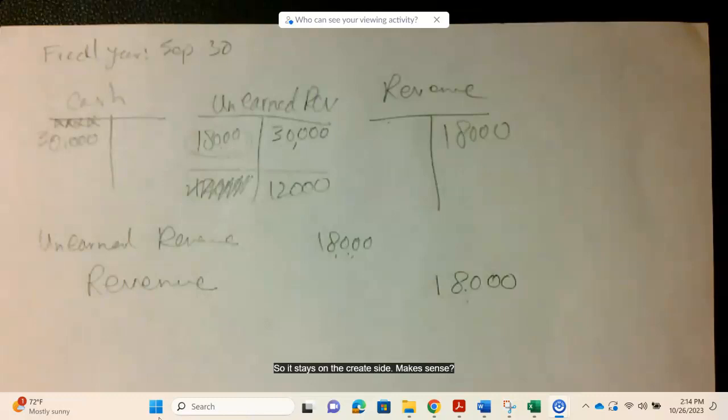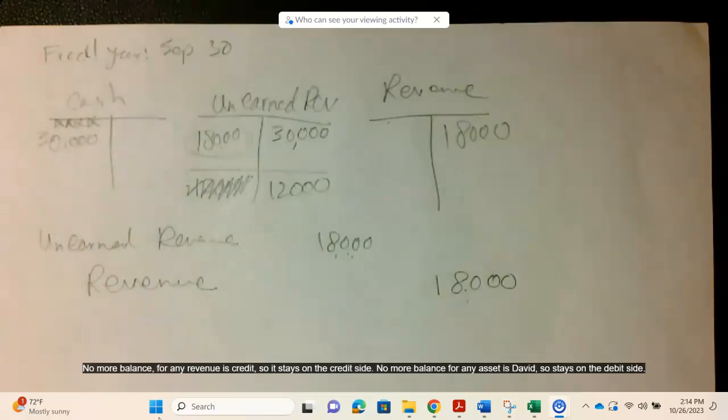Make sense? Normal balance for any revenue is credit, so it stays on the credit side. Normal balance for any asset is debit, so it stays on the debit side. Yes, you debit unearned revenue to reduce your liability and make it just $12,000 of liability left.